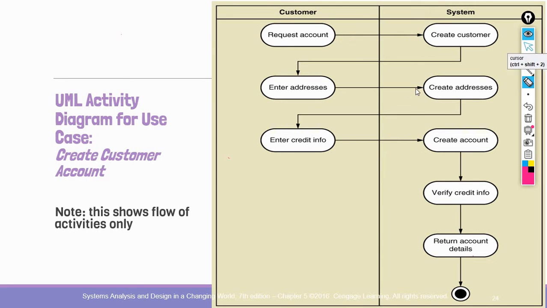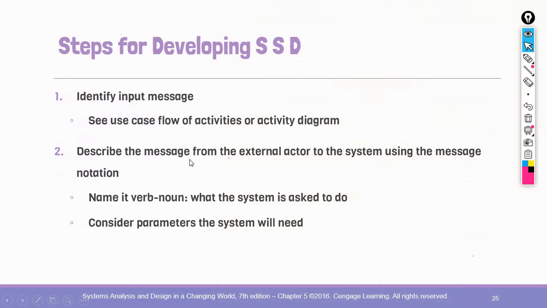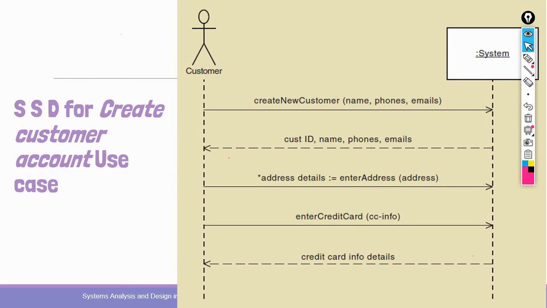The second step is to describe the message from an external actor to the system using the message notation. In most cases, you will need a message name that describes the service requested from the system and the input parameters being passed.